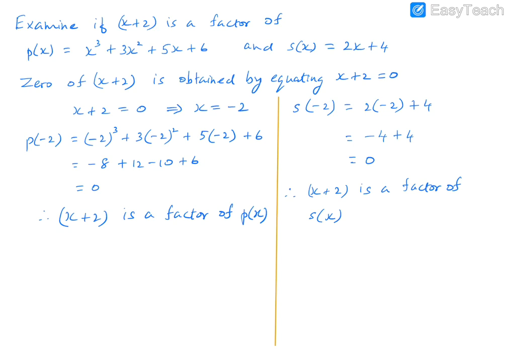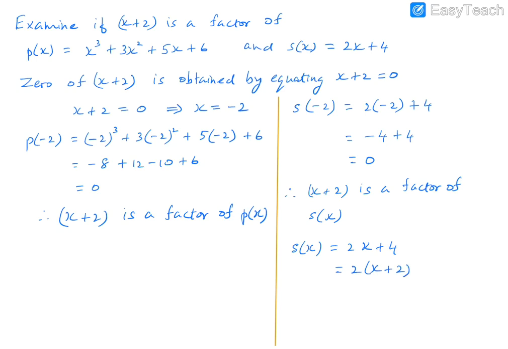In this particular case, x plus 2 is a factor of both these polynomials. And in fact, for the second case, we can clearly see that we can write s of x, which is 2x plus 4, by taking the 2 as a common factor, as 2 into x plus 2.